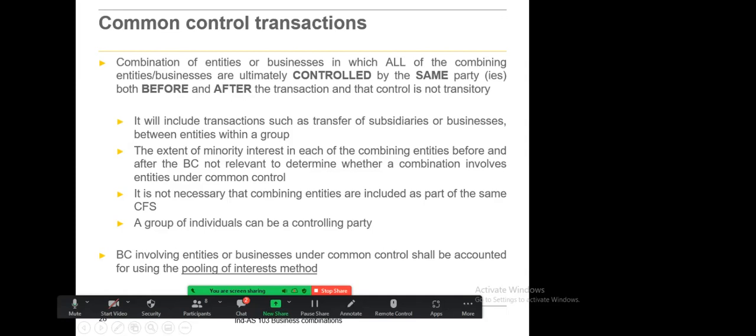It will include transactions such as transfer of a business or businesses between entities within a group. The extent of minority interest in the combining entities before and after the business combination is not relevant to determine this.